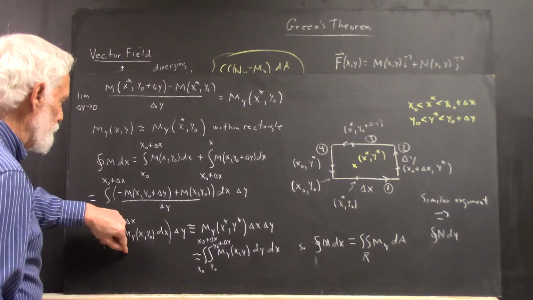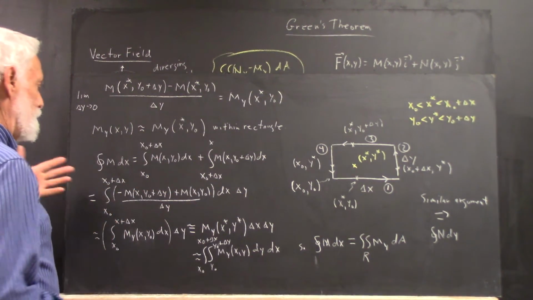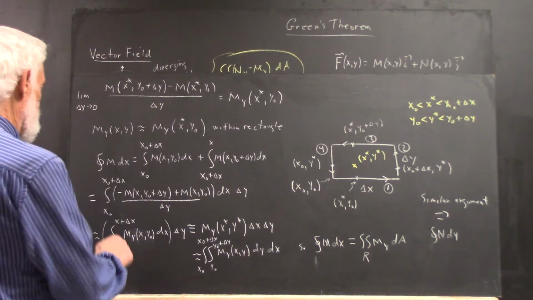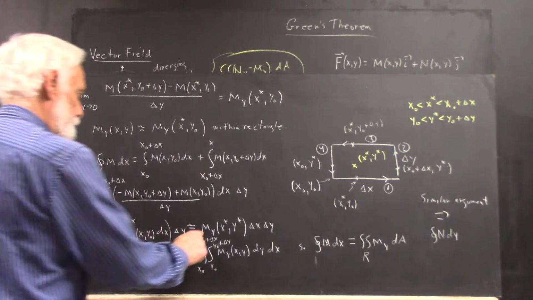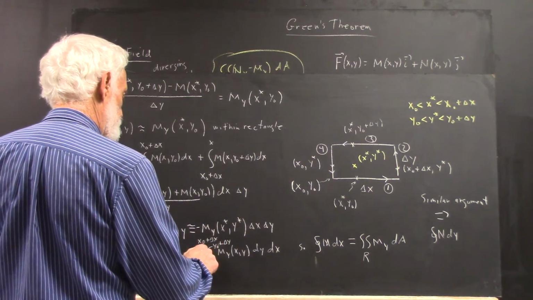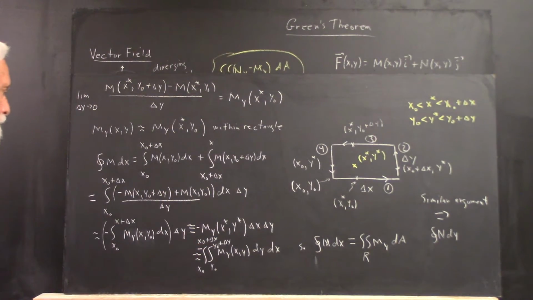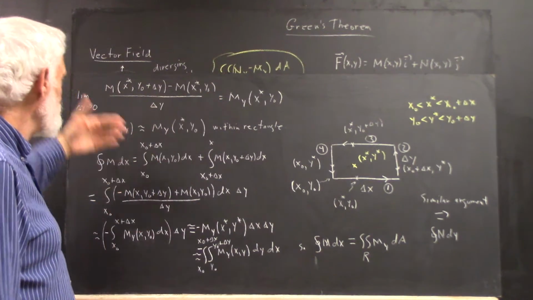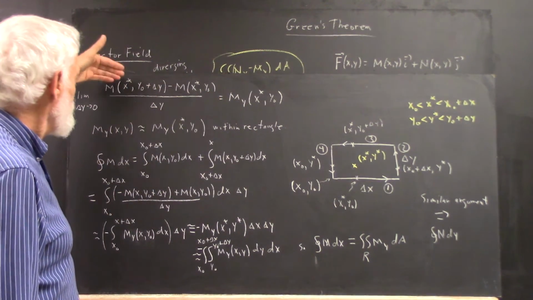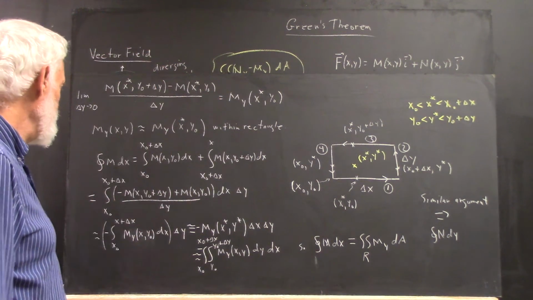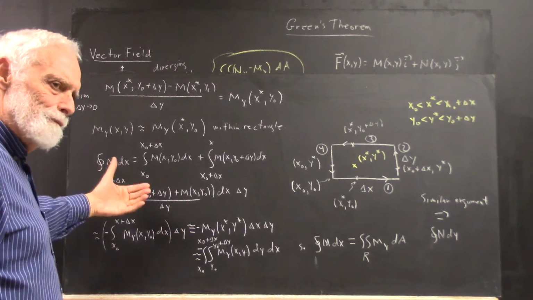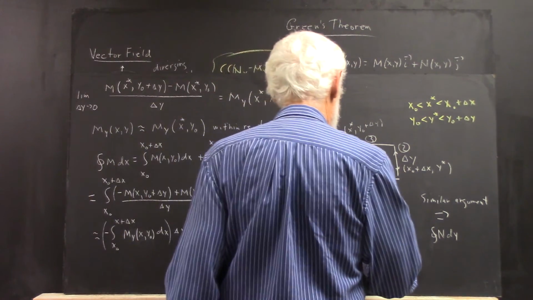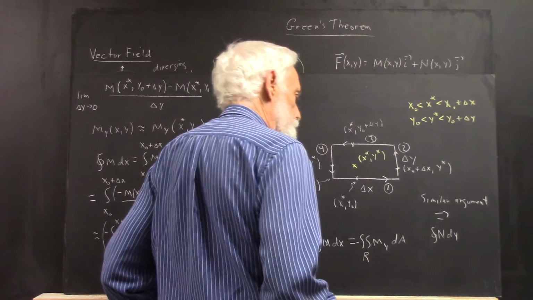This step to this one, this is the negative of this expression. Needed a negative sign here, here, and here, because in this one, m of x, y is subtracted from m of x, y naught plus delta y, and here that's backwards. Okay, so it should be negative.